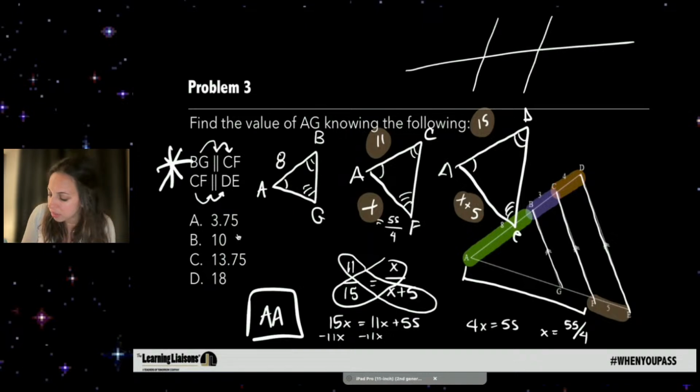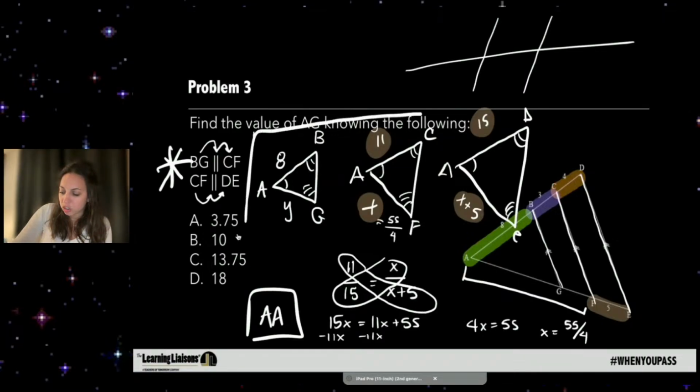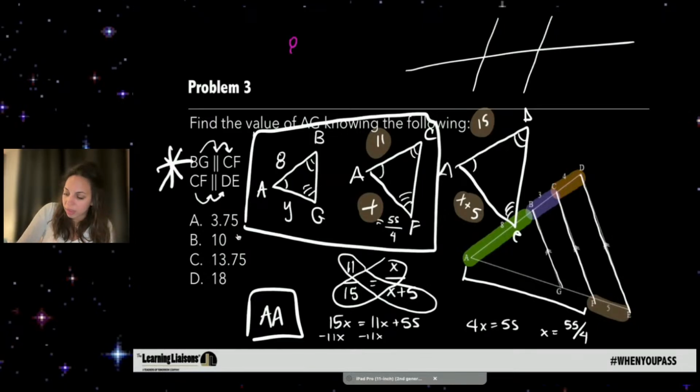Now let's make this x instead. We'll call that y. Now I can set up a proportional train with this set of triangles. So I have 8 over 11 equals y over 55 divided by 4, which is 13.75.